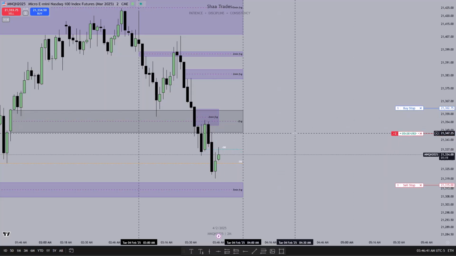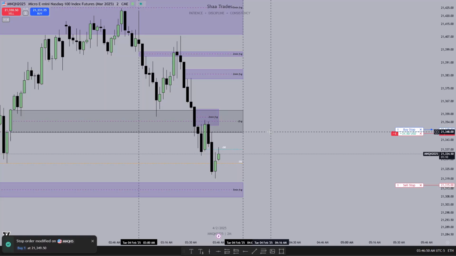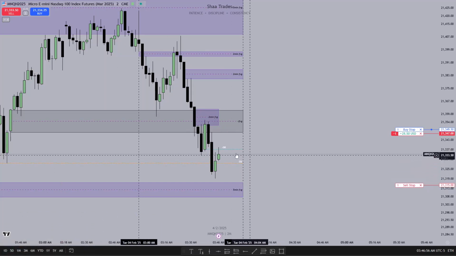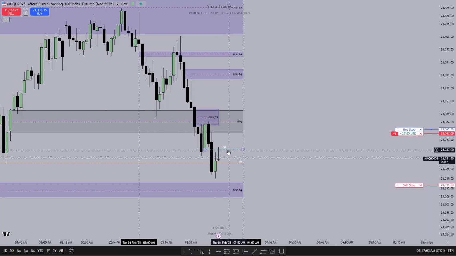So I'm going to actually reduce my stop just a bit lower, just to protect my, as I said, gotta protect that capital. Because if we're reading price correctly, we wouldn't want to see this order block here get disrespected.